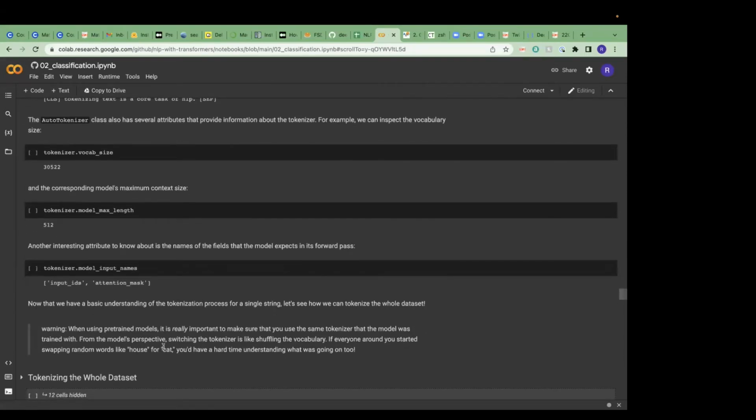Yeah, I guess the attention mask could also be useful if you're doing causal models, where you have a sequence and you want to make sure it's only using information before what you're trying to predict.